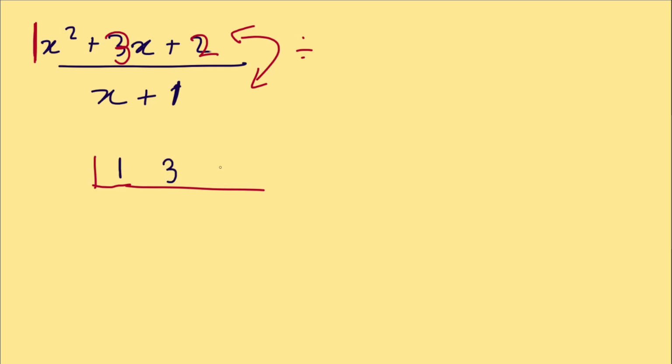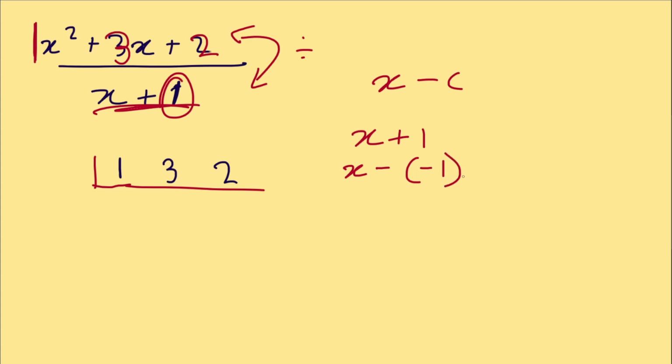In this slot over here, in front of this, you're going to write this part, specifically the 1. But not just the 1, it has to be in x minus c form. Now to put x + 1 in this form, you can rewrite it as x minus negative 1. These are equal, okay, same thing.